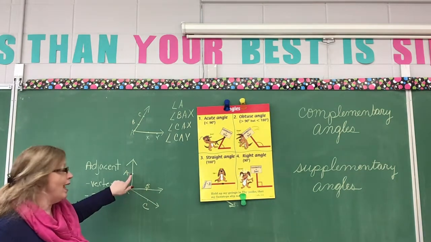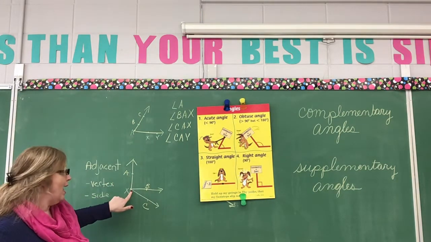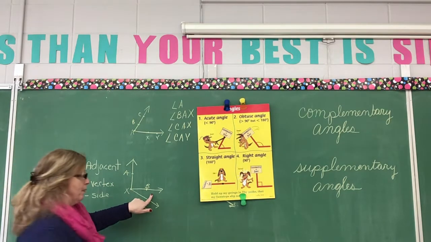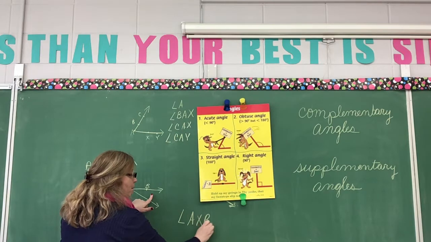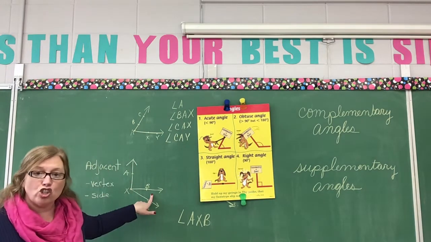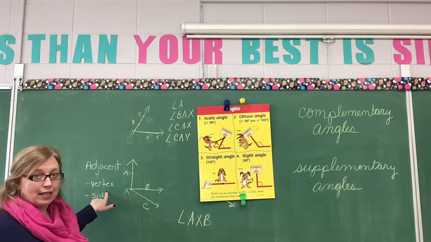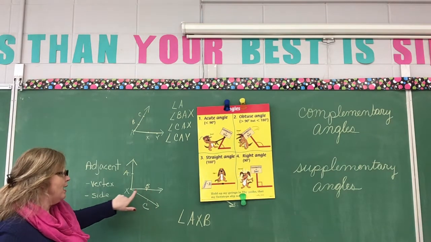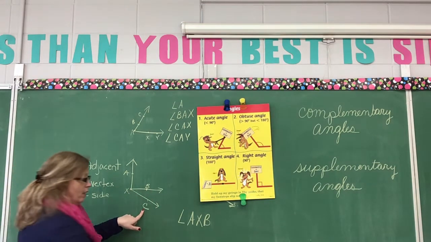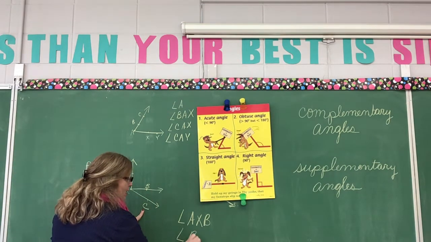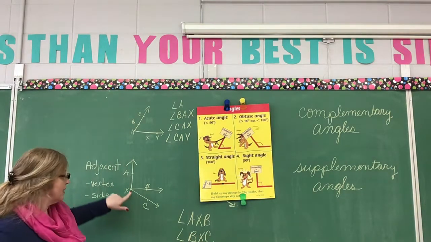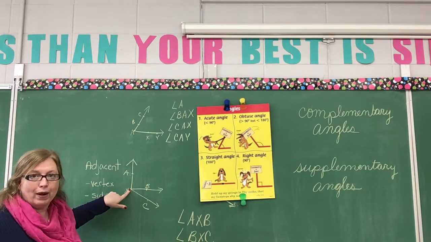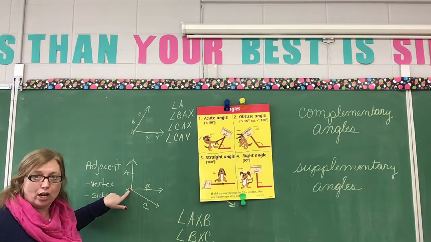So I have angle AXB. Does angle AXB share a vertex with angle BXC, okay? Do they share the vertex? Yes, they do. The point X is the vertex and it is shared.